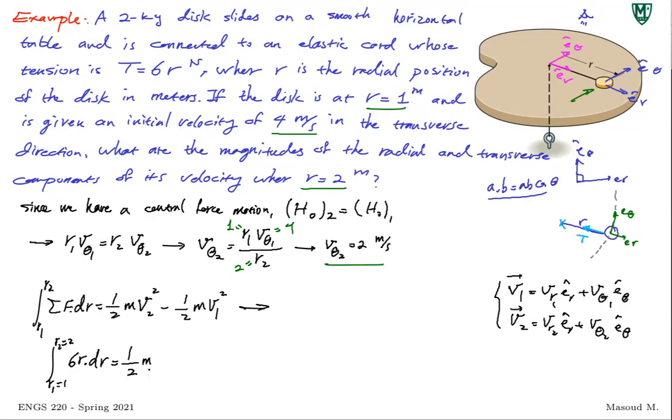So 1 over 2 m vr2 squared plus 1 over 2 m v theta 2 squared, minus, this is the first, this is the second one, 1 over 2 m vr1 squared plus 1 over 2 m v theta 1 squared.